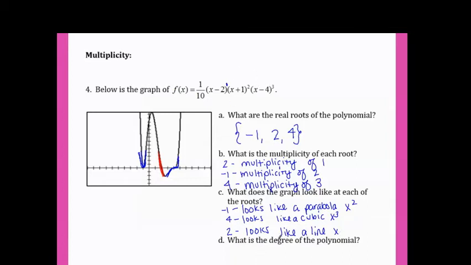Now the degree for this polynomial, we need to check first, is this written in standard form? No, remember, standard form doesn't have any parentheses, it just goes highest to lowest exponents. If we were to multiply this out, we would have x minus 2 times x plus 1 there twice, and x minus 4 there 3 times.